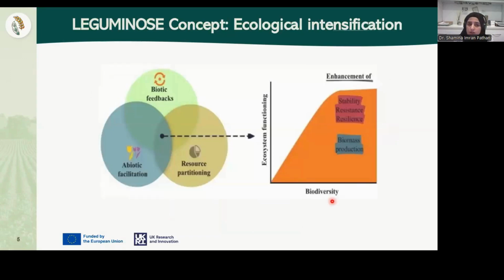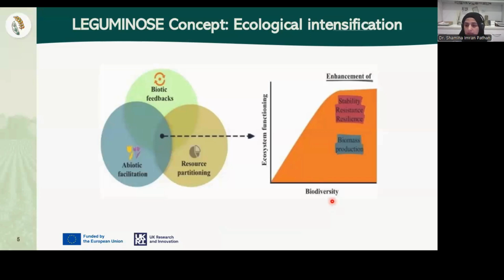So what is the concept of LEGUMINOSE? Basically, LEGUMINOSE is based on the idea of ecological intensification. In this concept, we are assuming that components of biodiversity can be used to either complement or even replace artificial inputs.